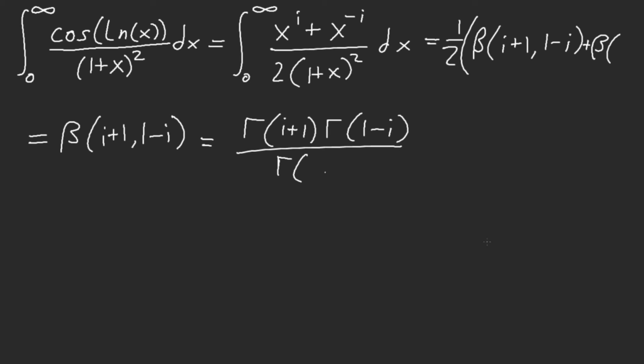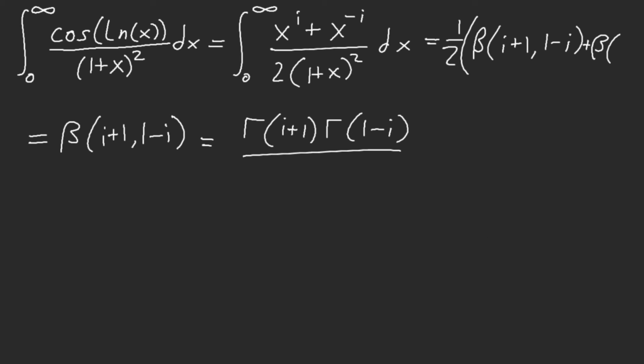Gamma of 2, but gamma of 2 is equal to 1, right? So I know that I would be safe to combine these two beta functions. If it was something else, then I wouldn't be able to combine them, as long as they have the same gamma denominator. But this is what we have.